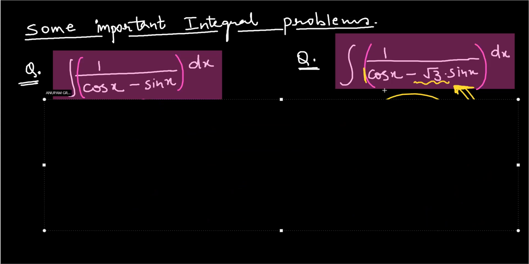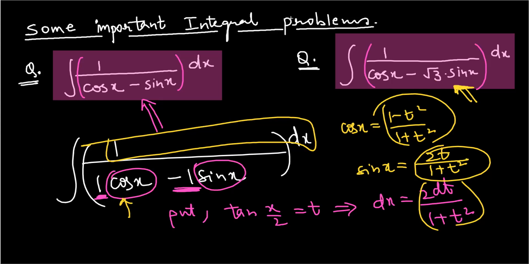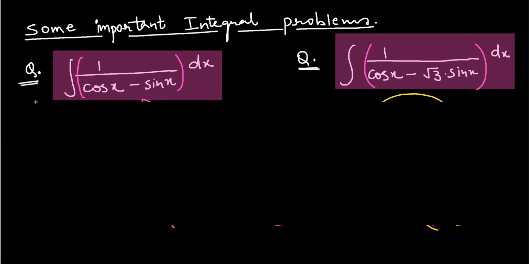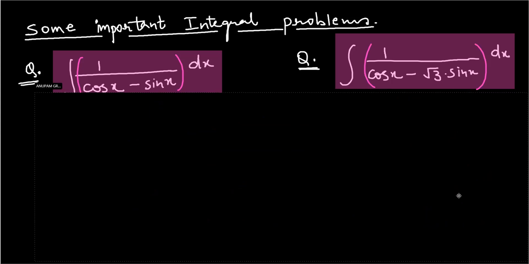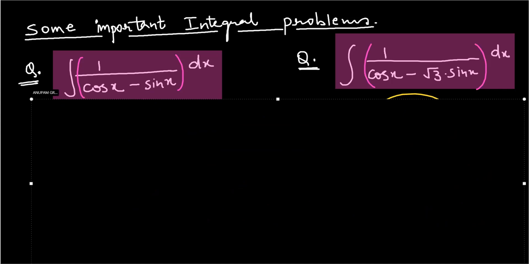But students, here I want to say something. In these two problems, in the denominator, I have sin x and cos x terms, but I do not have a constant.